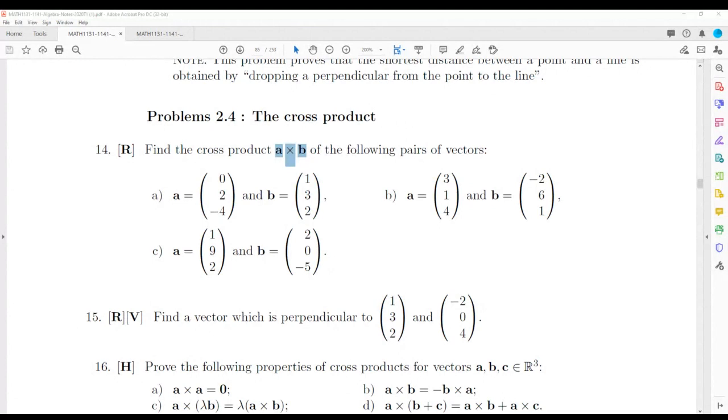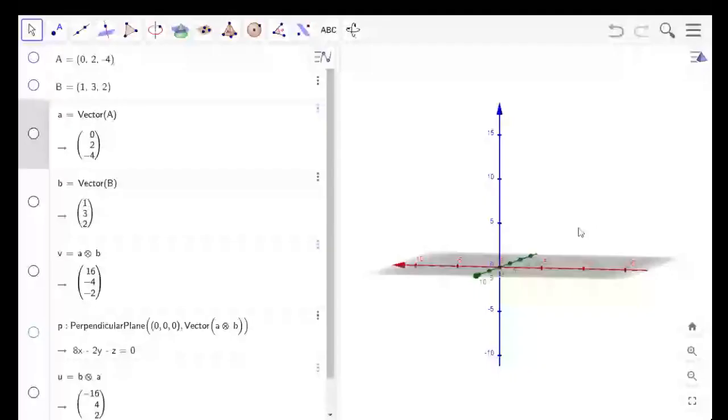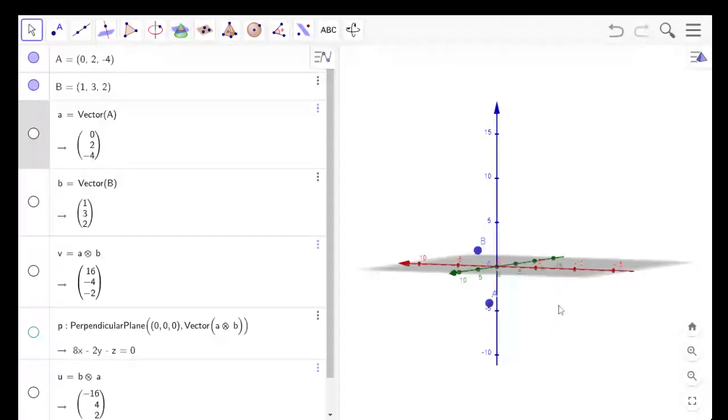So let me go to GeoGebra. Did somebody say GeoGebra? I'll pull that up and I'll show you. All right. So here it is. Here's GeoGebra. I know there's a Desmos crew hiding somewhere, but this is GeoGebra. So here are the points associated with our vectors.